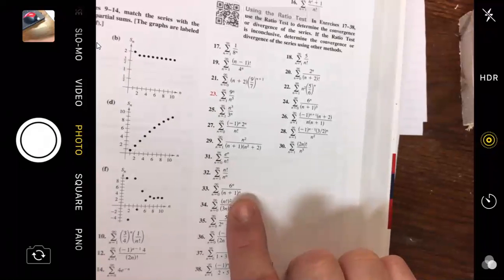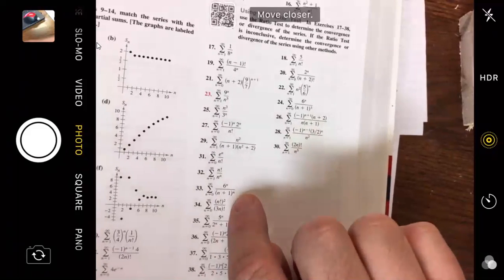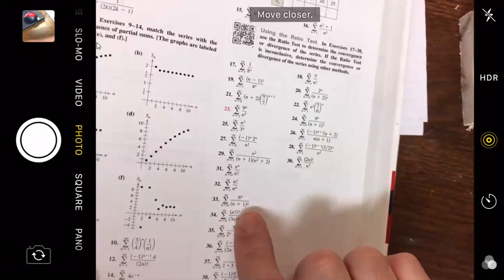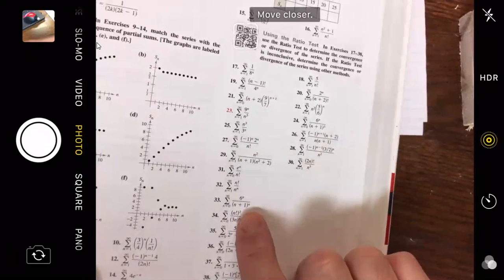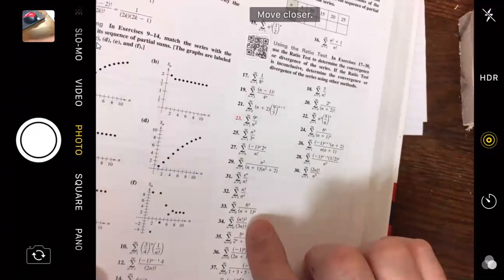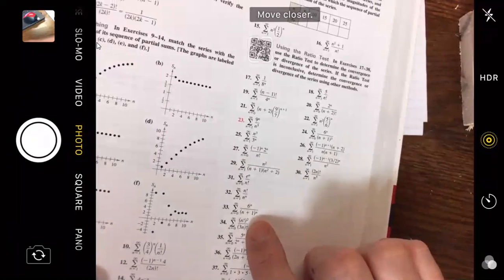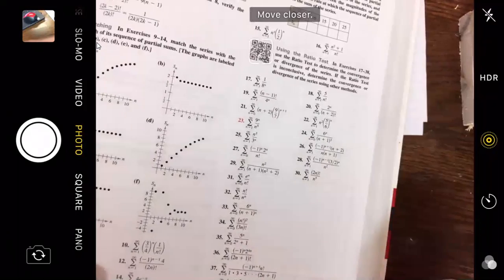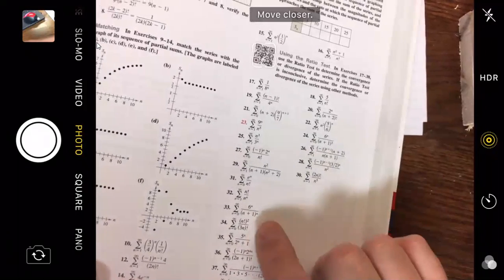It's much more easily done by the root test because the nth root would cancel both those n powers. So yes, this could be done by ratio test if you're a real masochist. And I'd be thrilled to take the 3 pages it would take to write it out if you want to see it. But with those n powers, it's much more easily done by the root test. Why they stuck it in the ratio test section, I have no idea.